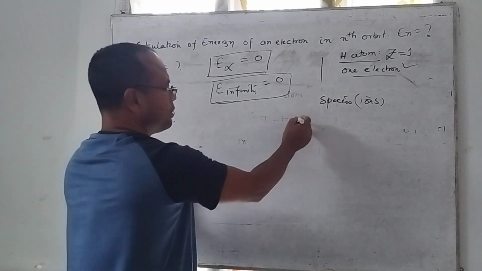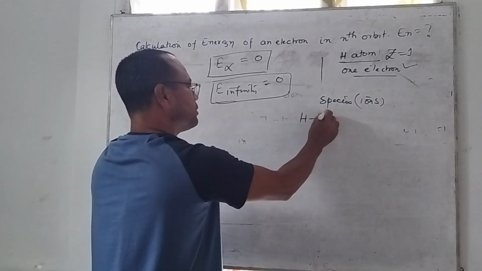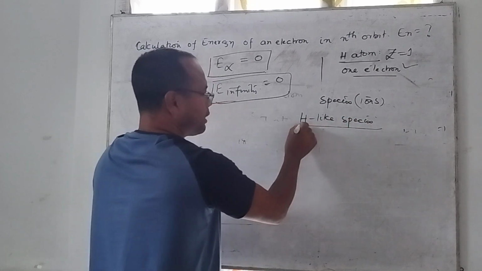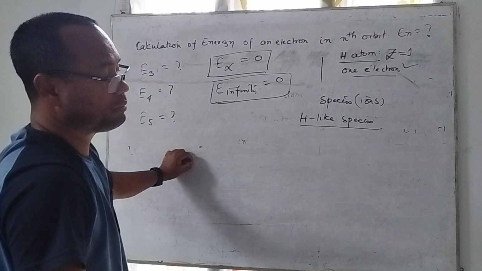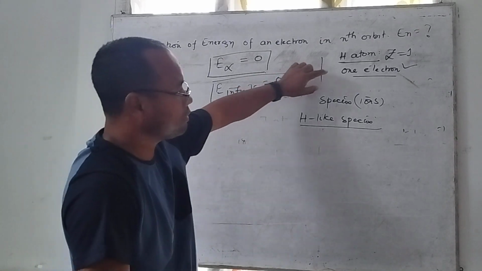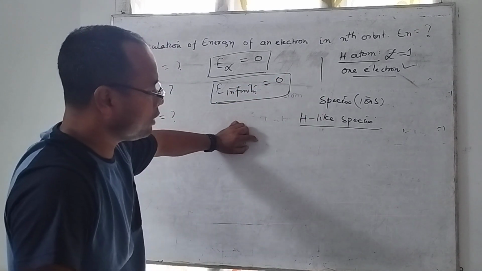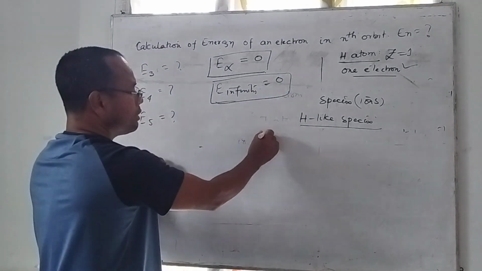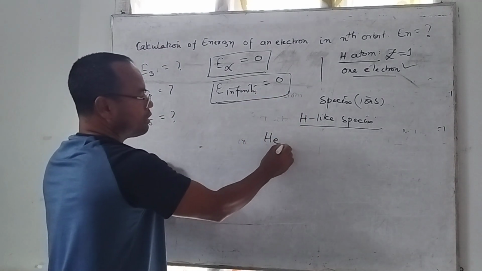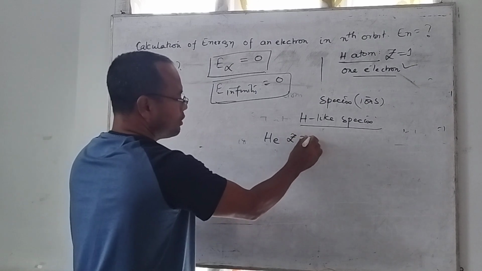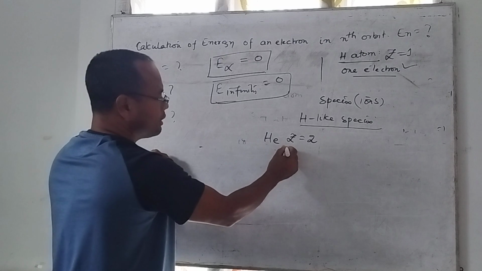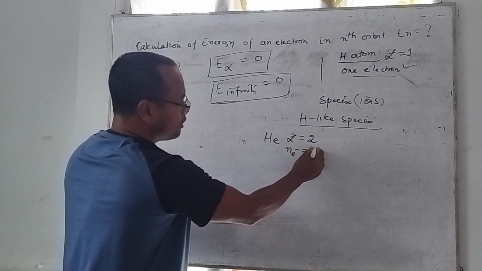That species we call hydrogen-like species, because we explained here only the atoms containing one electron. What are the hydrogen-like species? For example, helium. What is the atomic number of helium? Here it is 2. Understand? So how many electrons here? The number of electrons here is 2.